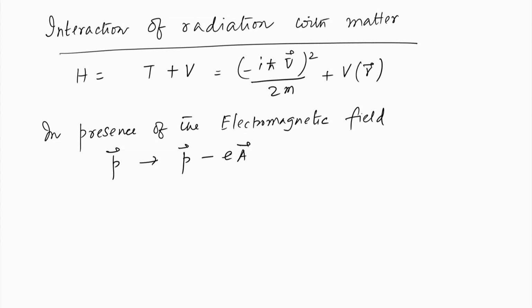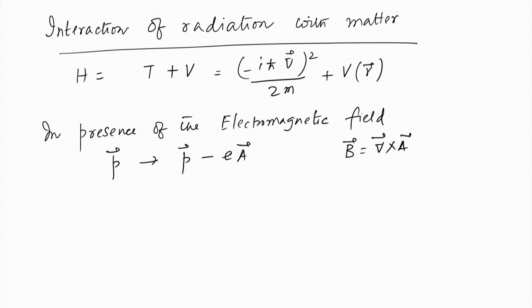So, this is the mechanical momentum P, and now the canonical momentum is written as P minus eA, where A is the vector potential that corresponds to the magnetic field. So, B is equal to curl of A, that is the relation.